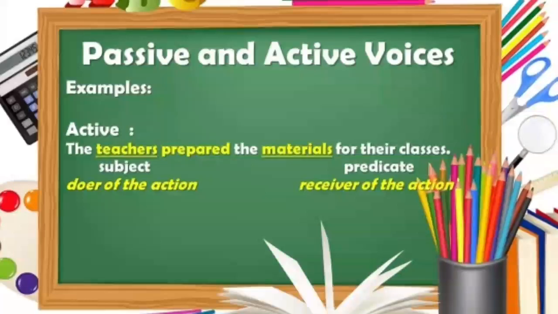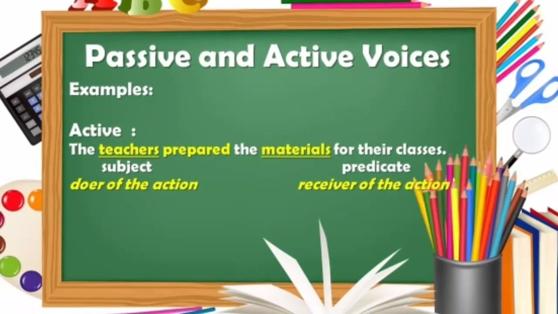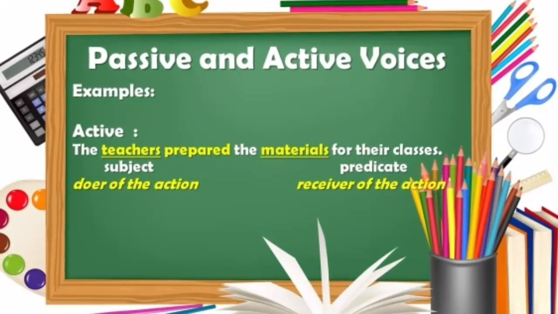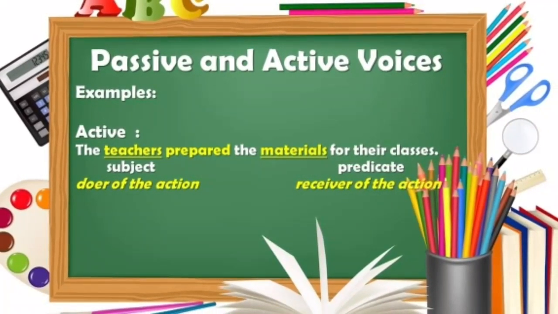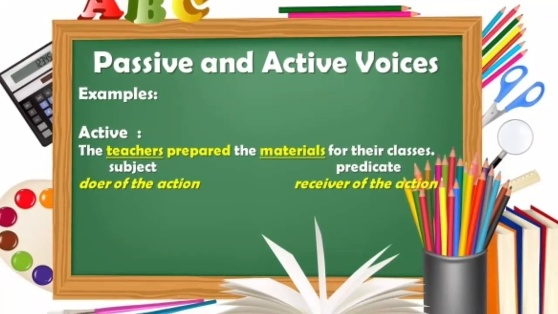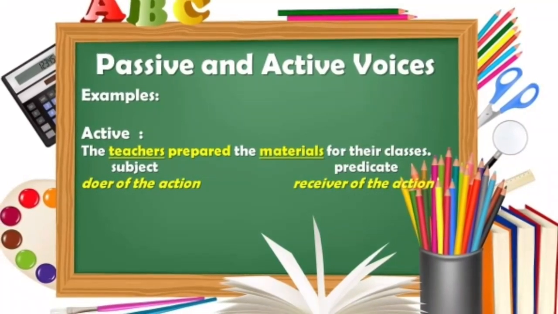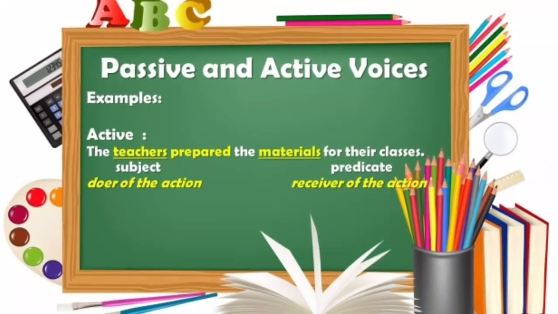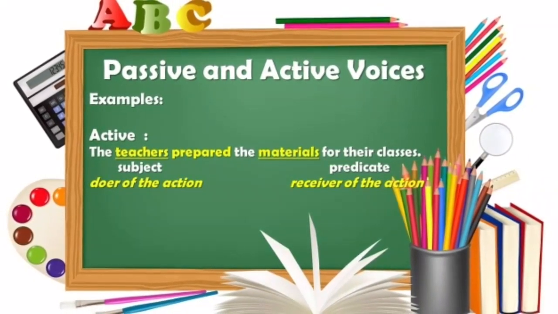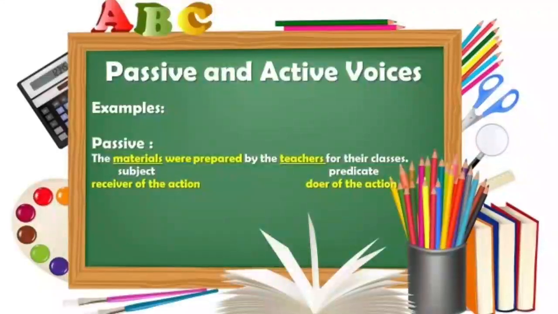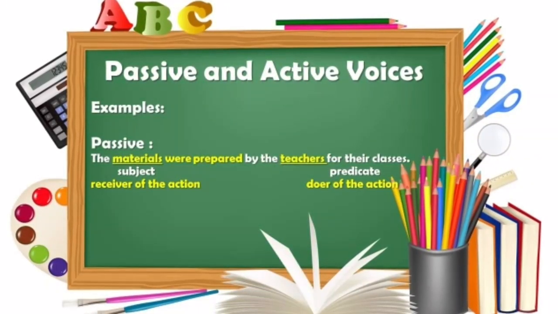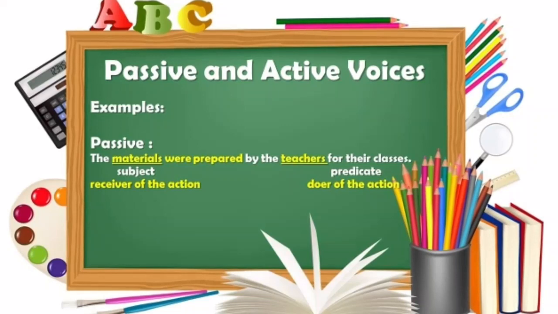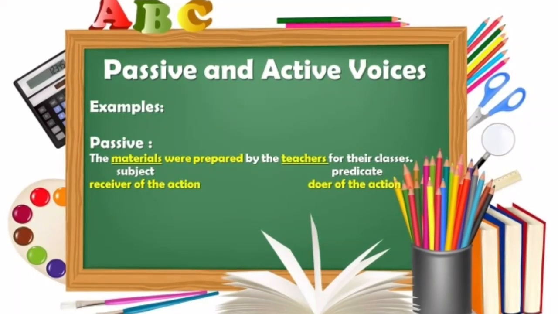Let me give you another example. The teachers prepared the materials for their class. The teachers here is the subject, prepared is the action, and materials is the object. Now, let's transform the given example into passive voice.